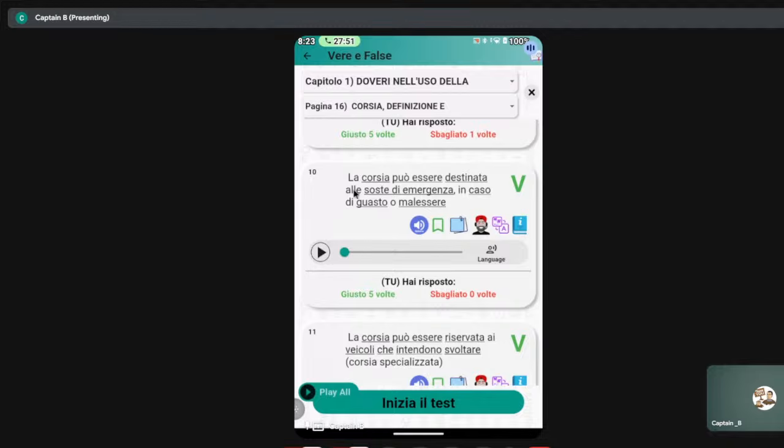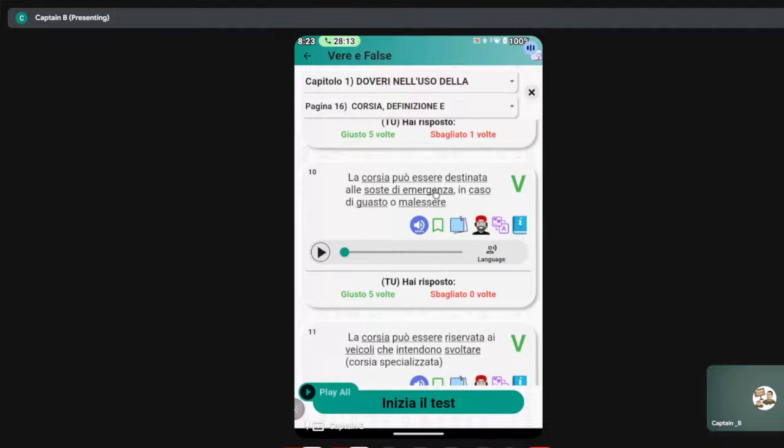Now listen. He said la corsia può essere, he said the lane can be destinata, which is dedicated, alla sosta di emergenza, can be dedicated for the parking of vehicles, okay? Stopping of vehicles, all right?